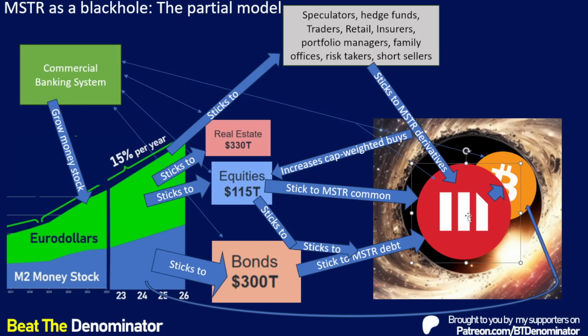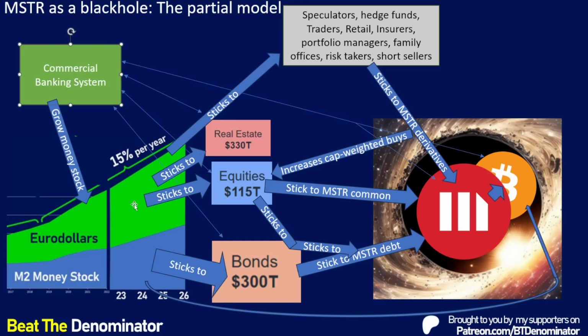And on days where that speculation is low, on days where, let's assume we're in a bear market, then the growth of the stock for MicroStrategy comes from actually buying more Bitcoin via the issuance of debt, via the cash flow of the business, and this is something I think they will redo one day, via the encumberment of the Bitcoin against the commercial banking system in order to get a loan to buy more Bitcoin.